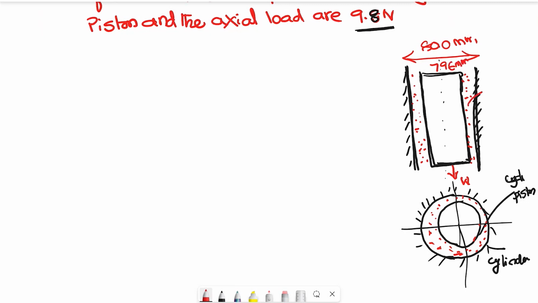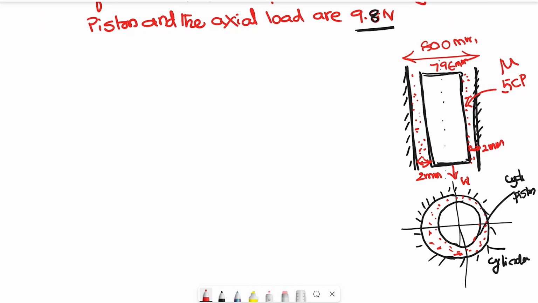And the viscosity they have given is 5 centipoise, the mu value. The annular space is 800 mm minus 796 mm, which is 4 mm. So that 4 mm is 2 mm on this side and 2 mm on this side. So this is the diagram for us.